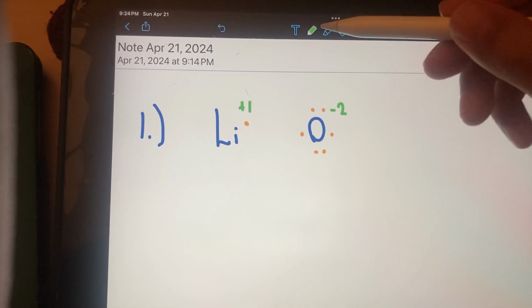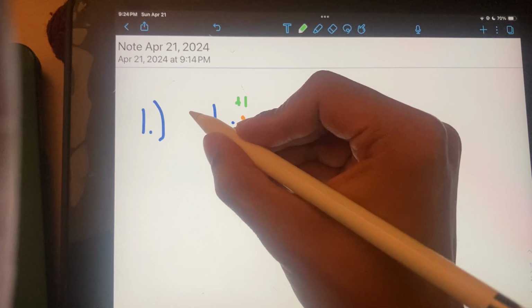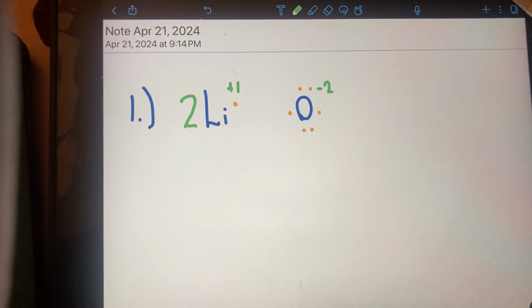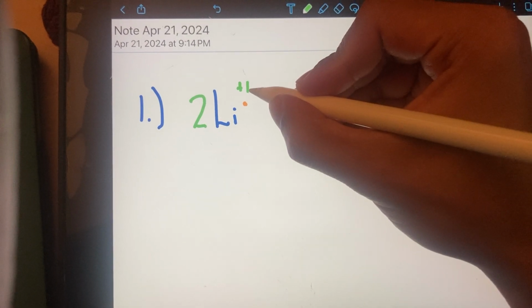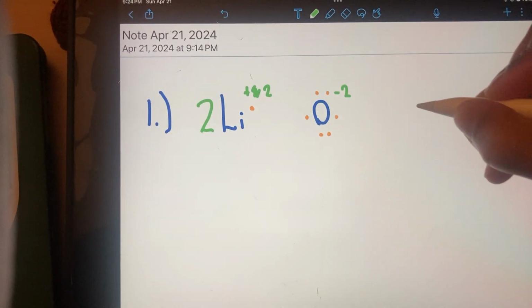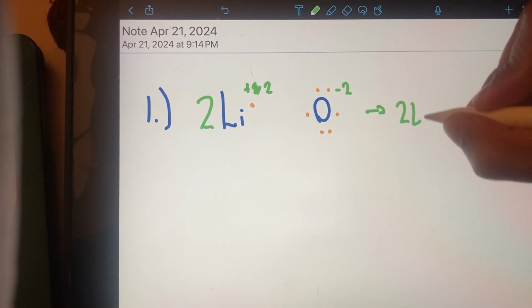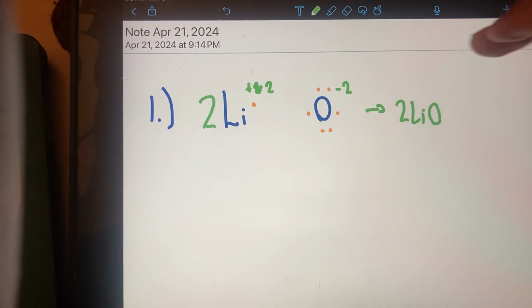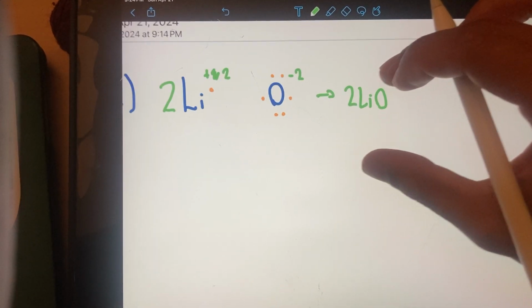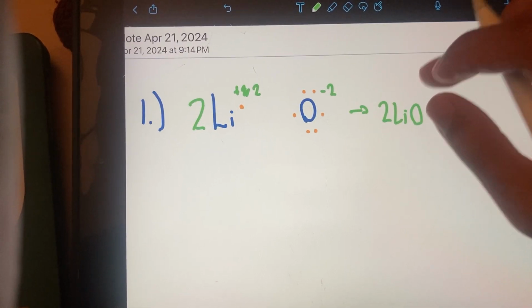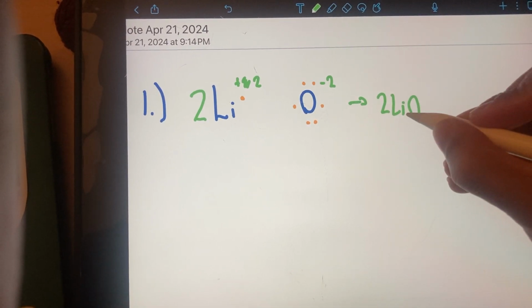So what we can do is add a second lithium to the equation, and that will make this positive 1 charge a positive 2 charge, therefore resulting in Li2O. And so when we're describing this ionic compound, we're going to write it just like this.